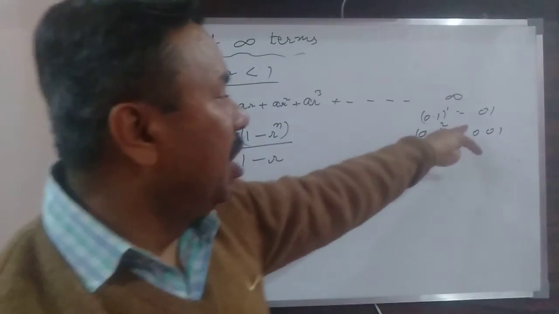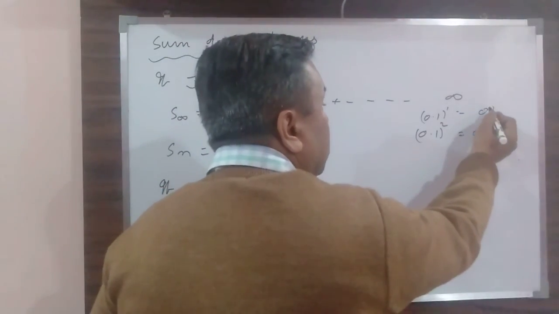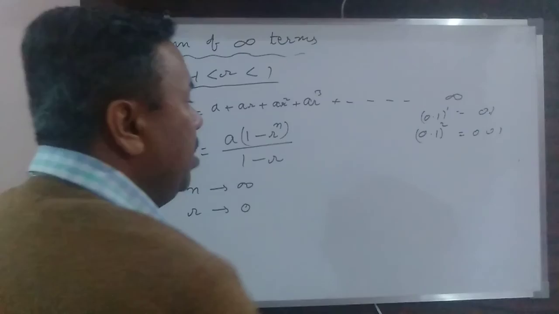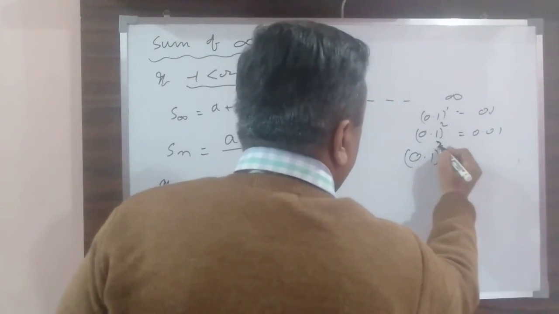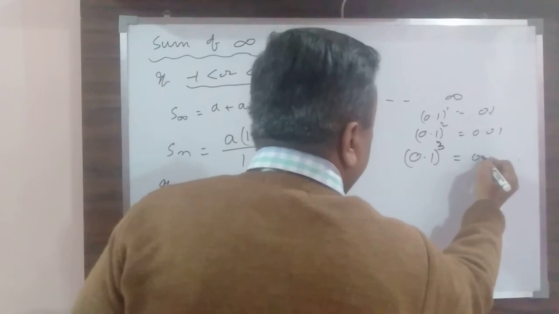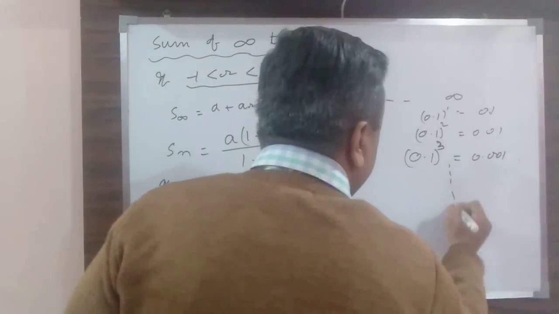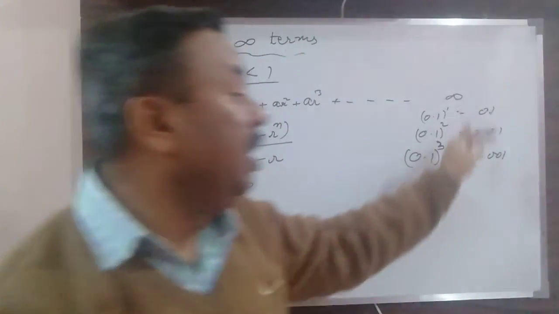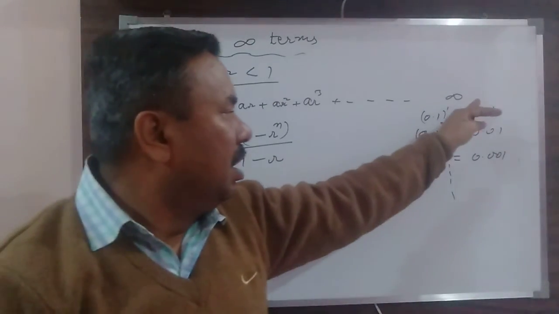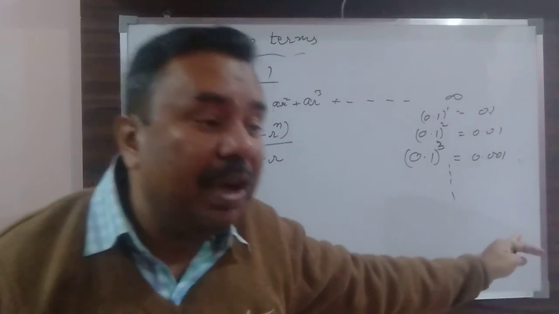You see, the number has reduced. Similarly, if you multiply once again by 0.1 and make it 0.1 cube, it will be 0.001. So if you keep on increasing the power, the number of zeros before 1 increases, and that means the product is approaching the value 0.